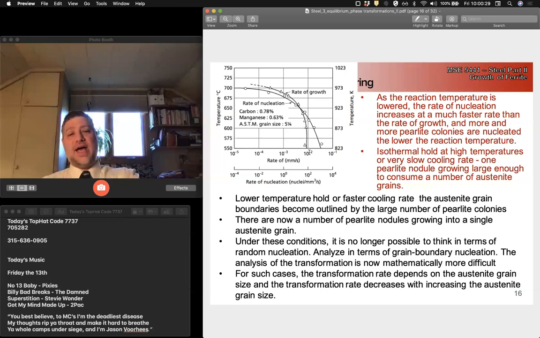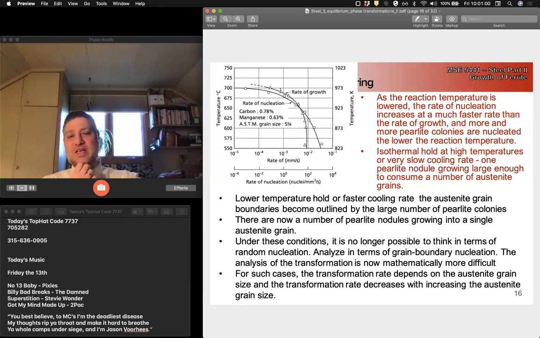So again, that's another complication that the simple theory leaves out, right? We have to think about what happens with other transformations. But anyway, we can see here the growth rate is going to reach sort of a maximum with undercooling. The nucleation rate increases, right?